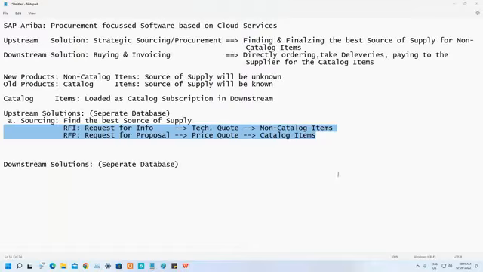Wrong. Actually, it is wrong. Why? See, this is why.